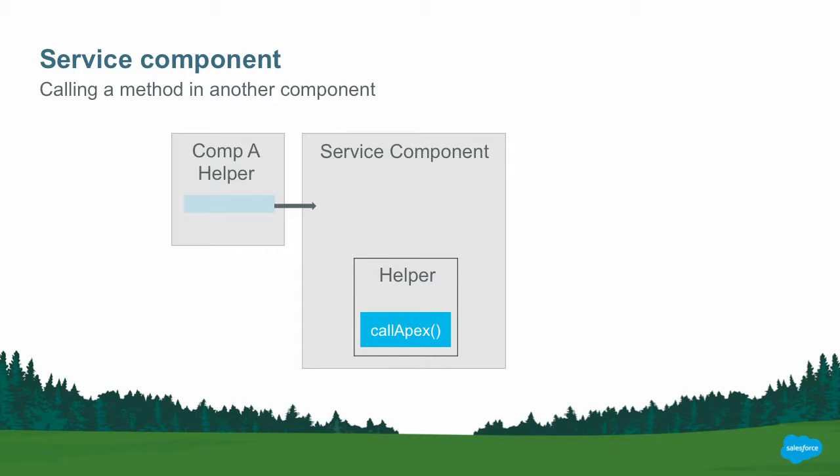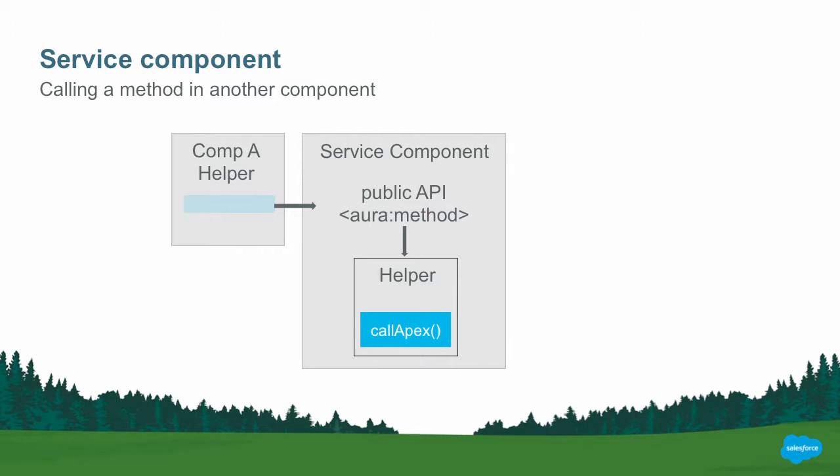So now I'm facing the problem that my component A has to invoke the helper of my service component. And this is not possible. You cannot invoke another component's helper. You can share the helper when you inherit, but you cannot invoke another component's helper. So we need the missing piece in the puzzle. And this is actually called the ORA method.